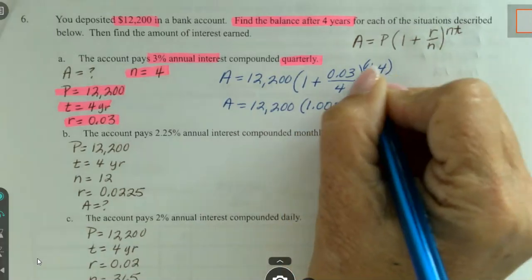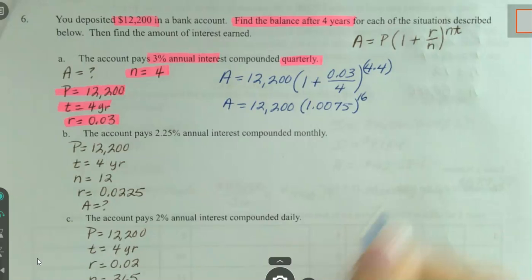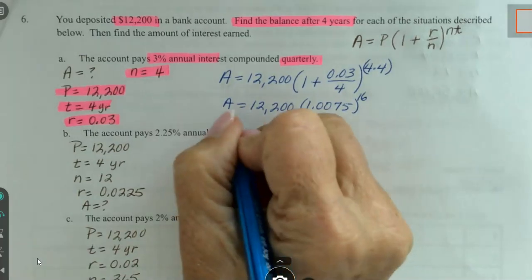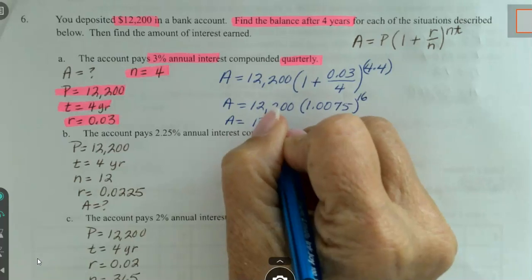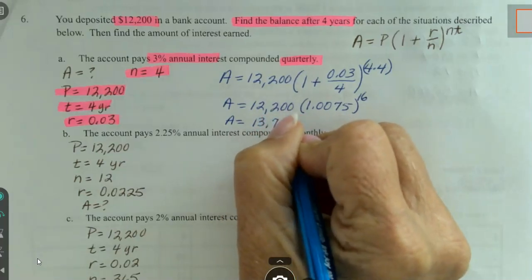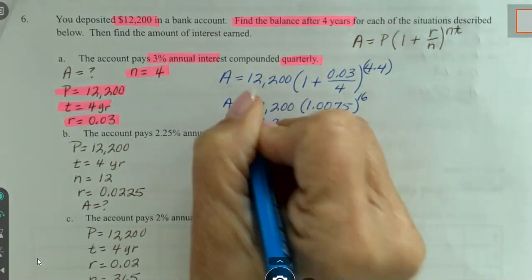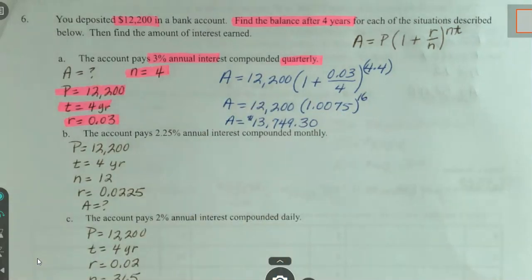Then I raise that to the 16th power, and then multiply by 12,200. I check my numbers again to make sure I am putting it in the calculator correctly. So this is what I get: $13,749.30. Double check to make sure you agree with me there.